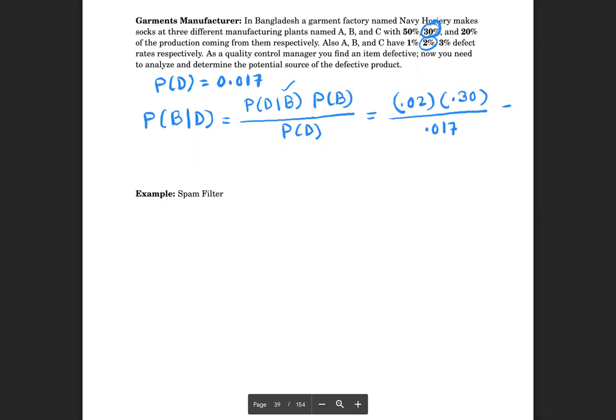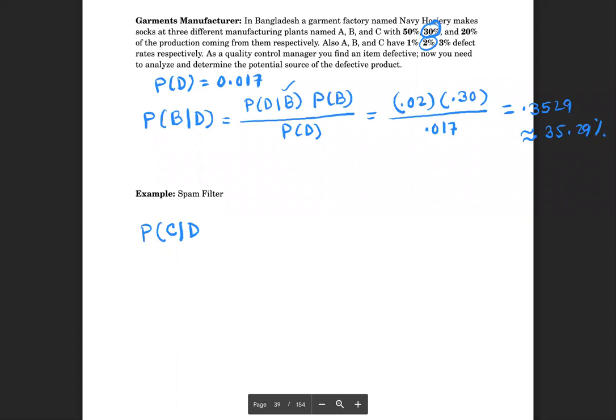If you do this math, 0.02 times 0.3 divided by 0.017 is going to give you 0.3529, or approximately 35.29% chance.